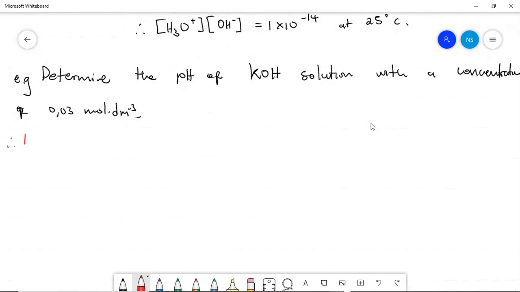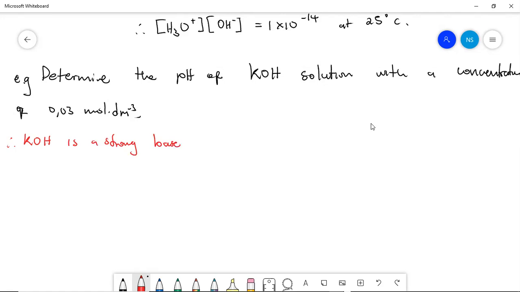Therefore, KOH, you don't need to write this when you're answering exams. I'm just writing it down so that you understand what's really going on in this calculation. We acknowledge that KOH is a strong base, right?